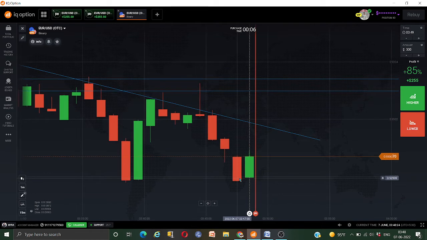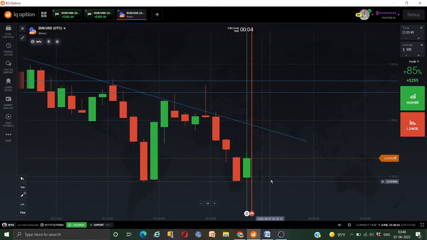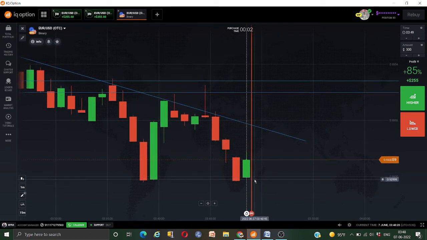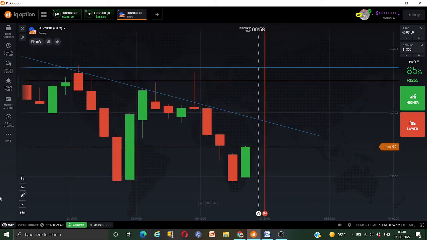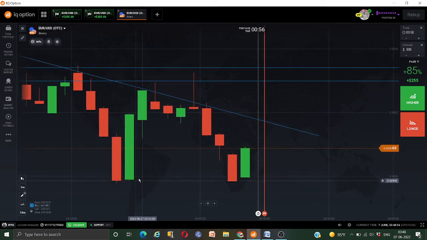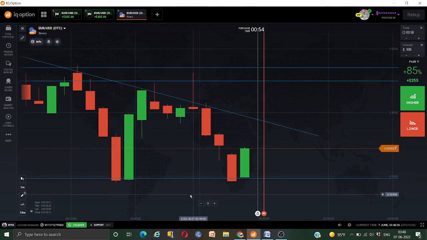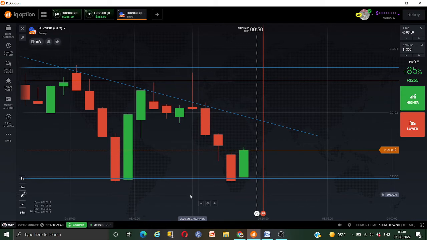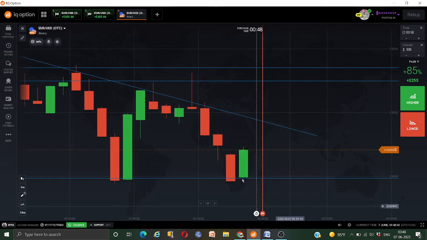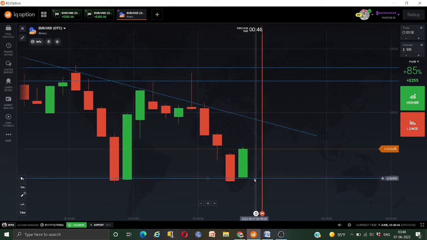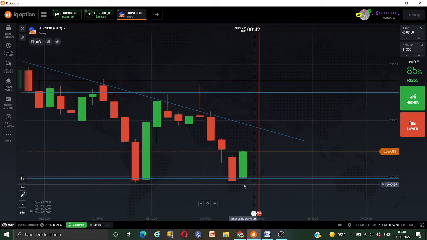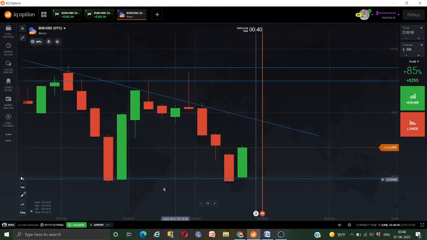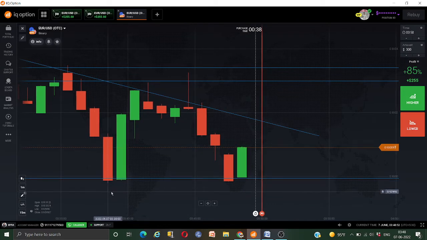The only thing is that previously the bias entered from this point, which is the only reason to take a call option. There are no other reasons, except that previously it acted as a support, but we don't know how strong that support is, so you shouldn't take a trade.